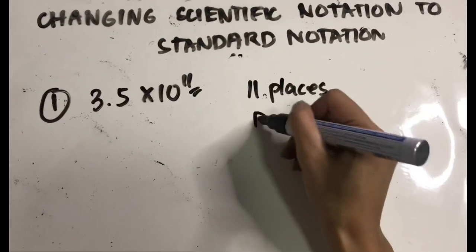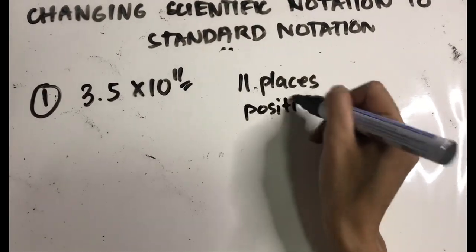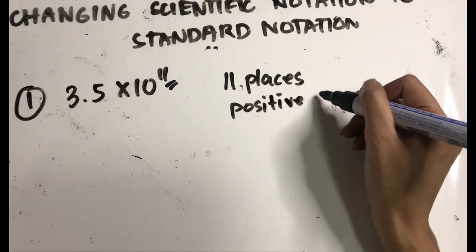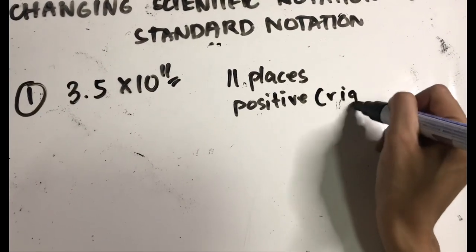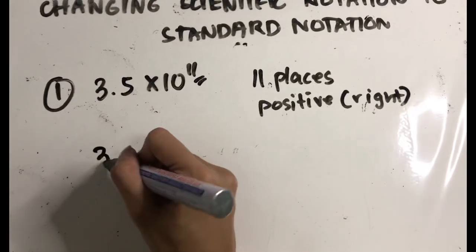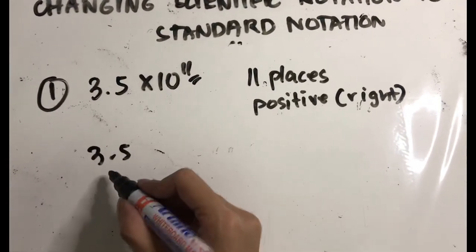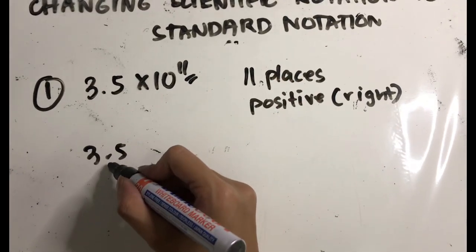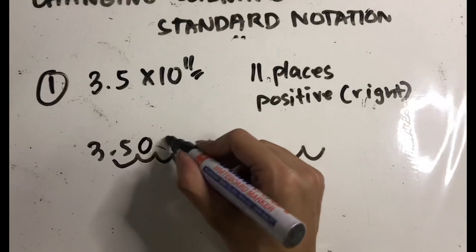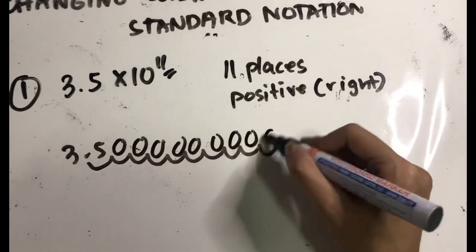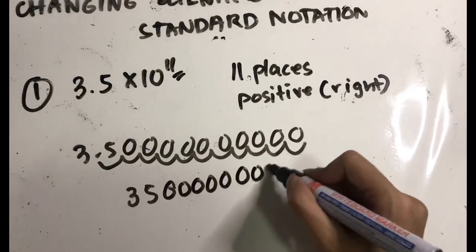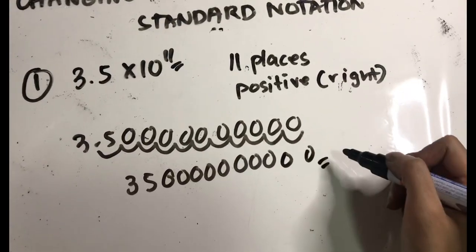Since this is positive, we move the decimal point to the right. For example, we have 3.5. Move the decimal point 11 times. So fill everything with zeros and rewrite it. So this is the answer.